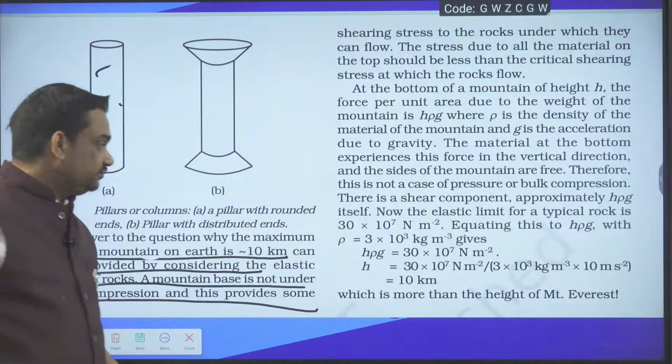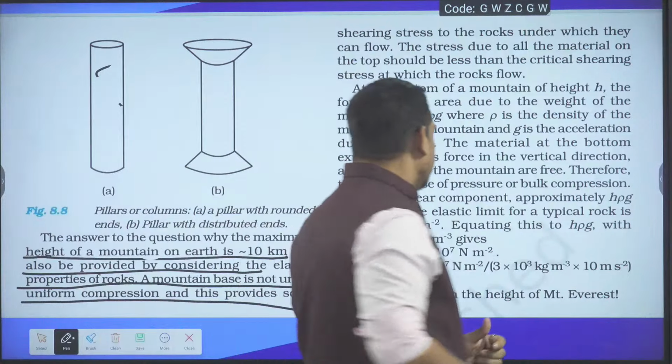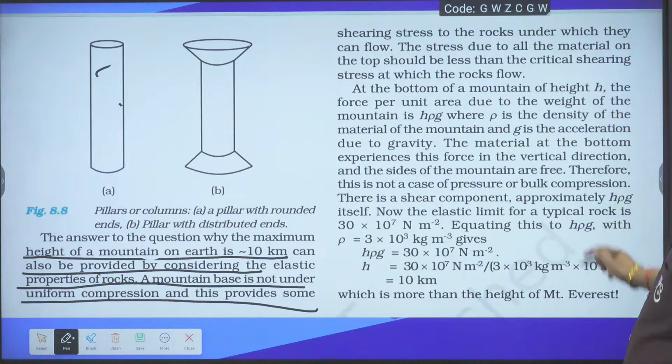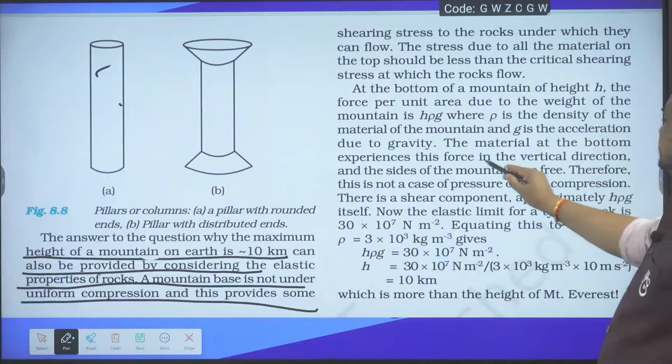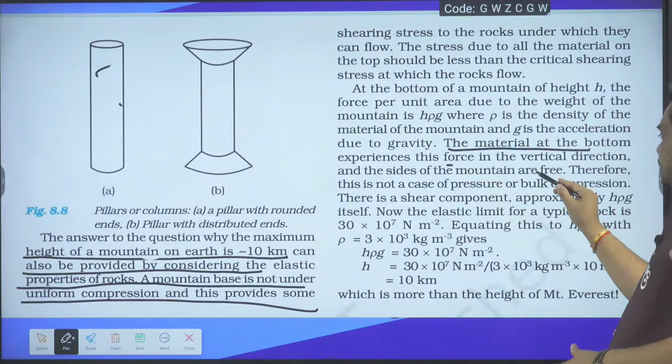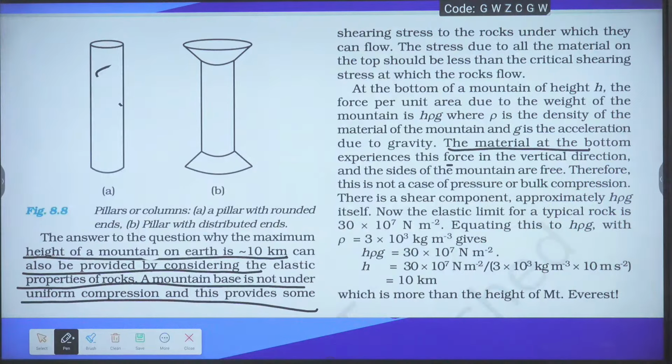Now, we will calculate. The material at the bottom experiences this force in the vertical, and the sides of the mountain are free. Therefore, this is not the case of pressure or bulk compression. There is a shear component approximately by rho gh.